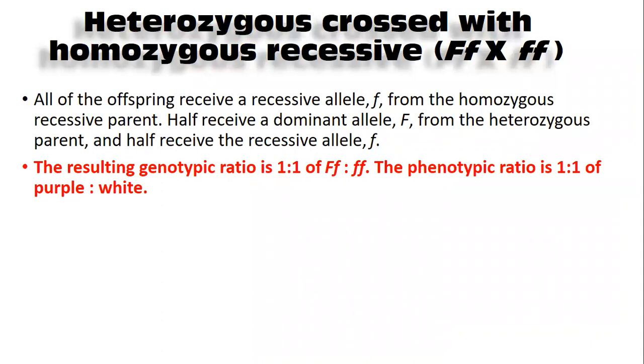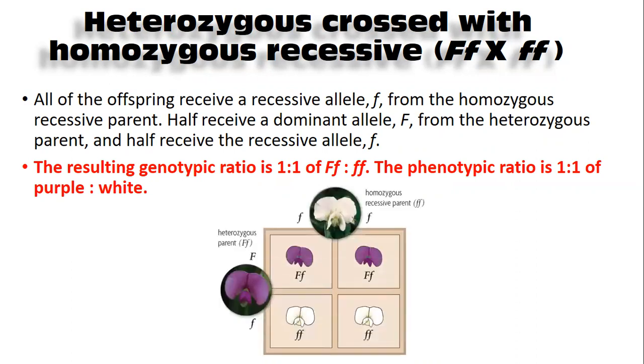The third example is if we crossed heterozygous with homozygous recessive. So as we can see, all offspring will receive a recessive allele from the homozygous recessive parent, and half of the offspring will receive a dominant allele from the heterozygous parent, and the other half will receive the recessive allele.